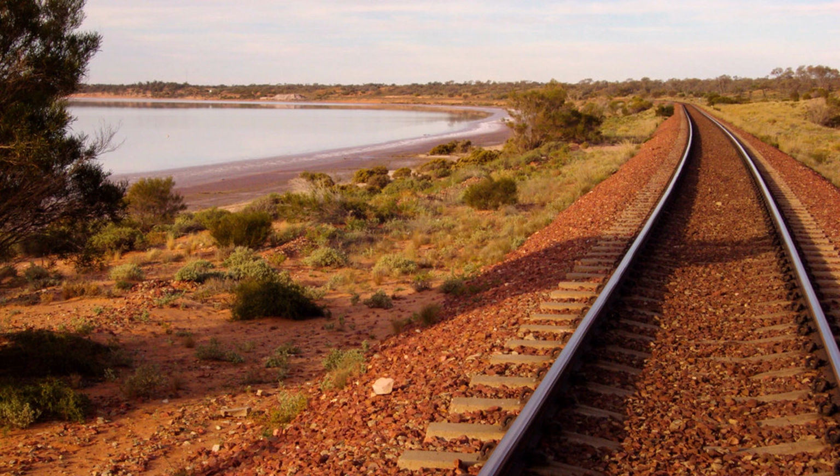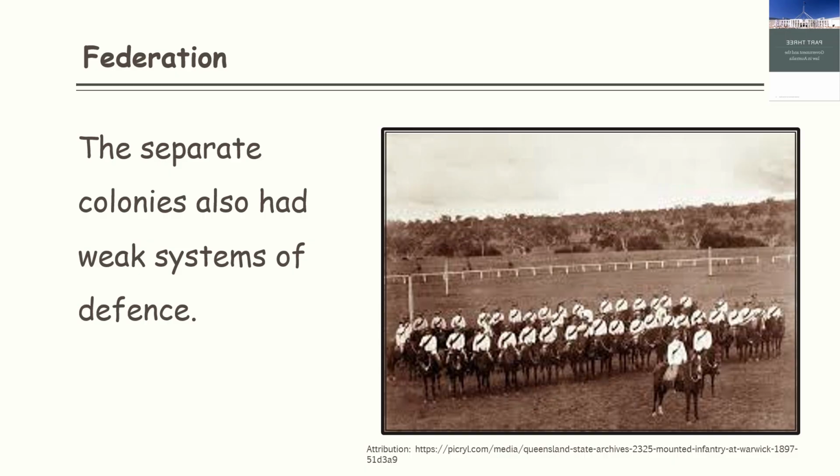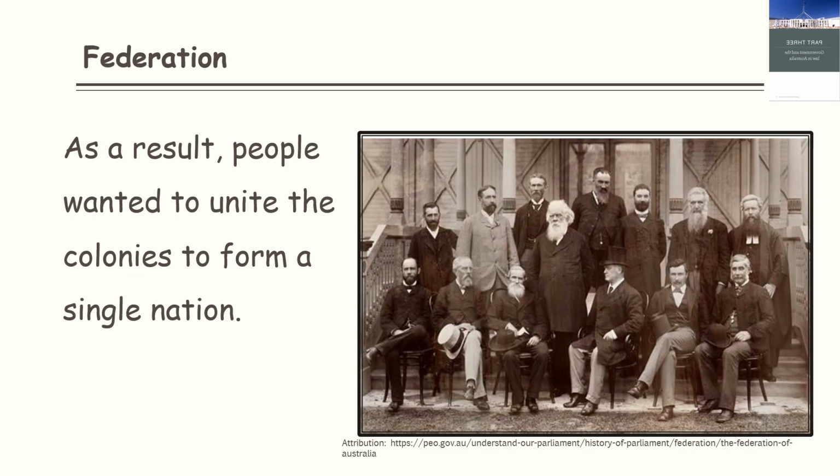This made travel and transport of goods from one colony to the next very difficult. The separate colonies also had weak systems of defense. As a result, people wanted to unite the colonies to form a single nation.